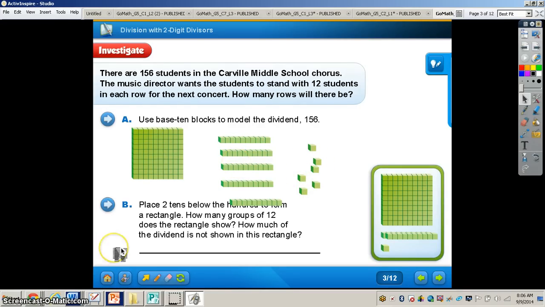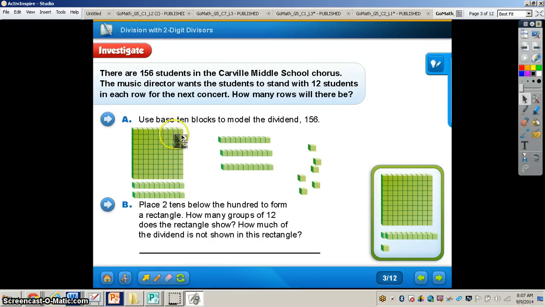156. Now the next step, you can see it right there in letter B, we need to place 2 of the 10s here, okay, below the 100 to form a rectangle. Okay, now why are we doing 2 10s? The reason why, we know that this represents 10, and then placing 2 below it, each row right here has 12 in it.